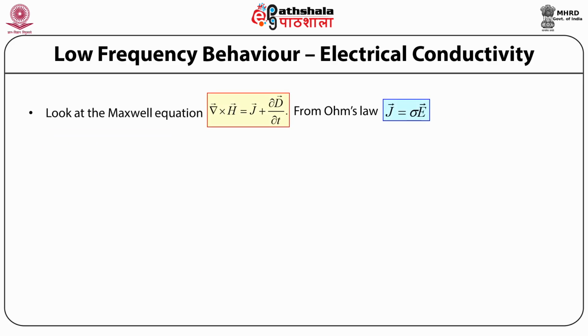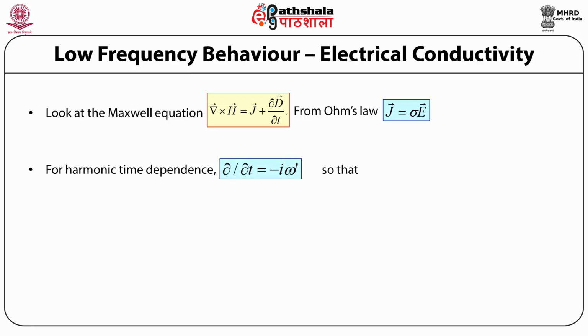To understand the singular behavior, let us look at Maxwell's equation. Del cross H equals J plus del D by del t. Let us assume that the medium obeys Ohm's law, J equals sigma E, and has the normal dielectric constant K naught.